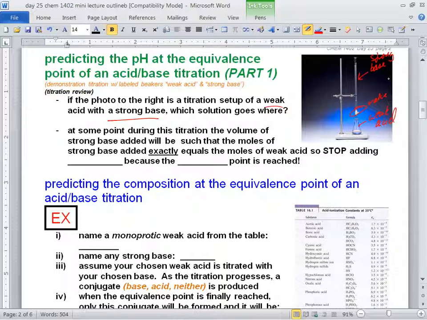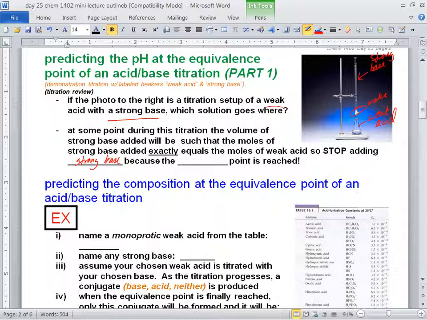So stop adding strong base, because the blank point is reached. Yeah, you'd think equal points would be a great word for it, but that's not the jargon they used. Here it is, the equivalence point.